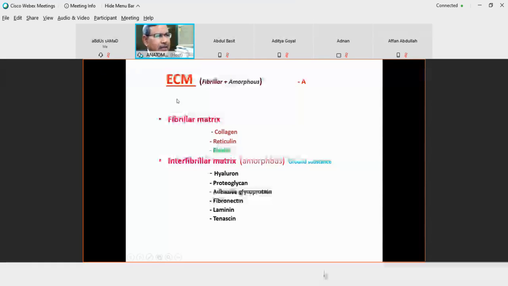If they acquire a shape, they are described as fibers, and they can be collagen fiber, reticulin fiber, or elastin fiber. The matrix which is amorphous, also called ground substance, is normally ignored from view. Usually only fibers attract your attention when you look at the section, and they consist of all these components.